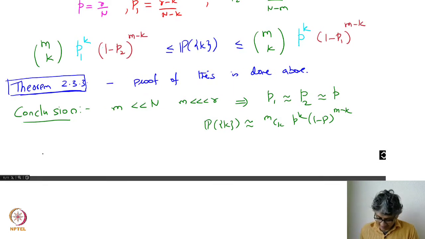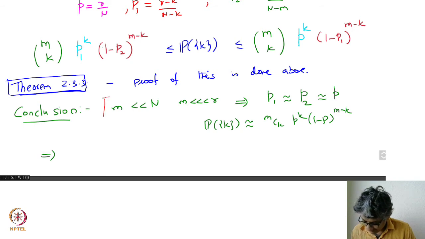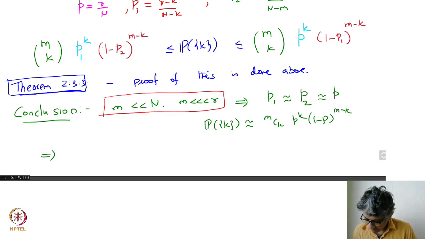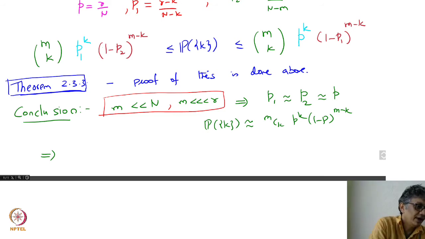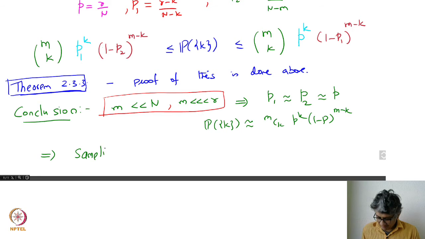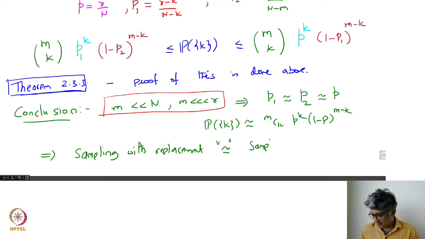And this implies that when this sample is much smaller than N, and the sample is much smaller than the number of people with this characteristic you're trying to sample from, the key observation is that sampling with replacement is kind of the same as sampling without replacement.